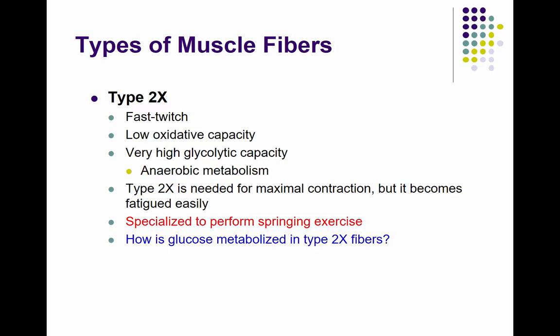Again, lactate is mostly produced by type 2X fibers in exercise. And type 2X fibers are usually specialized to perform sprinting exercise, very short term exercise. Okay, any questions?